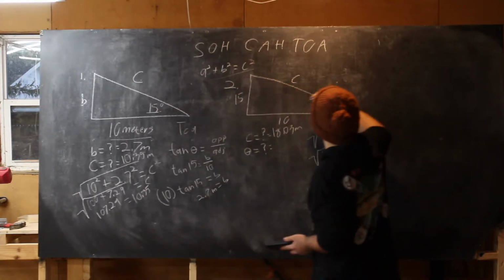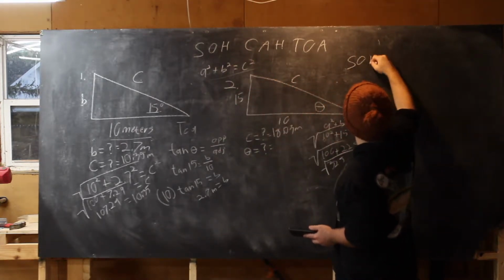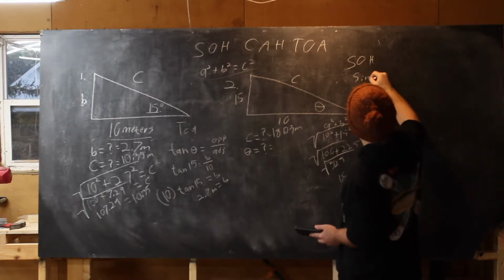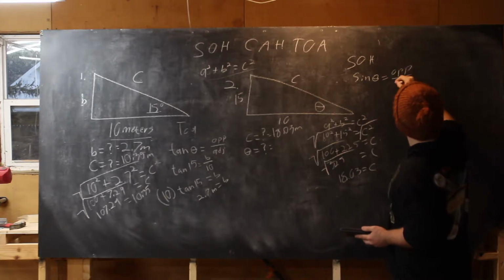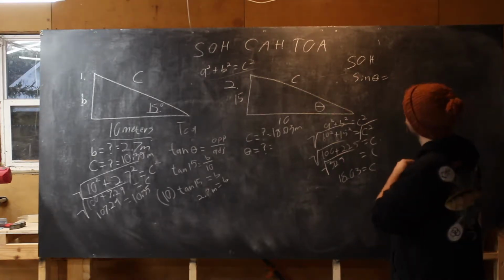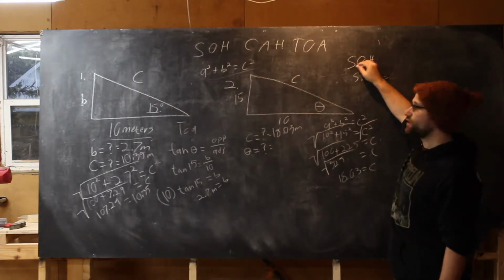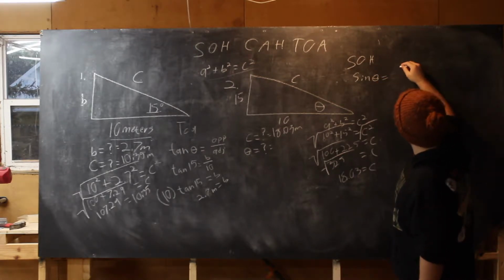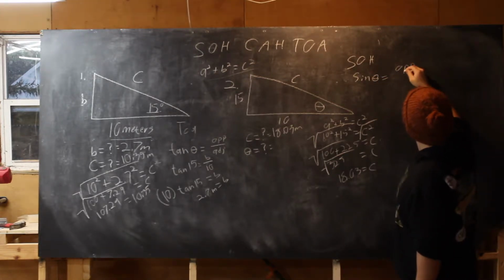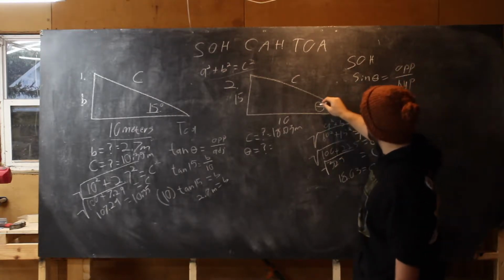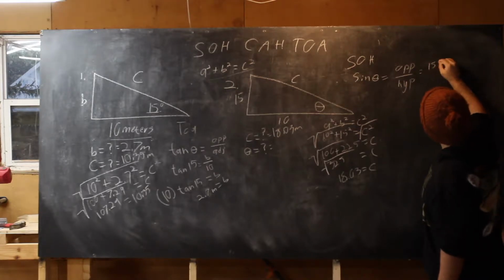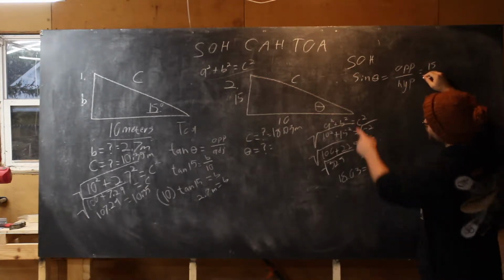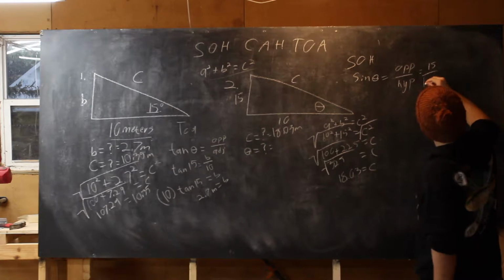So sine of theta equals opposite over hypotenuse. That's going to be sine theta, opposite over hypotenuse, where the opposite side to this angle is 15, divided by the C, which we found was 18.03.